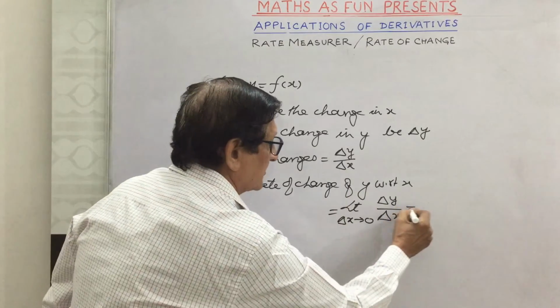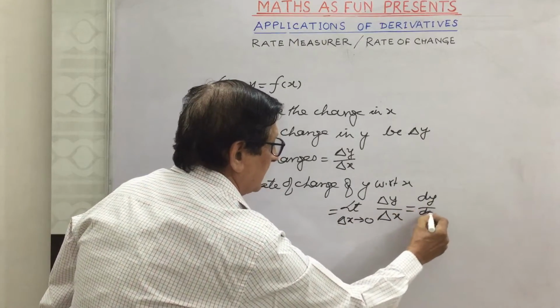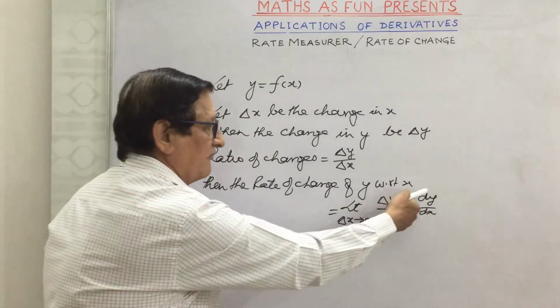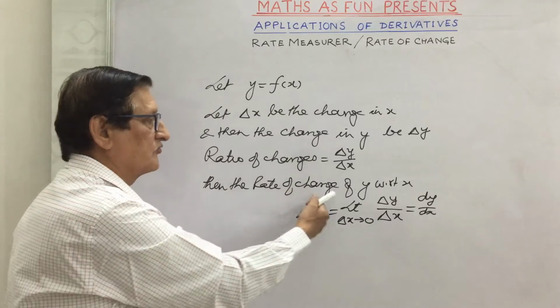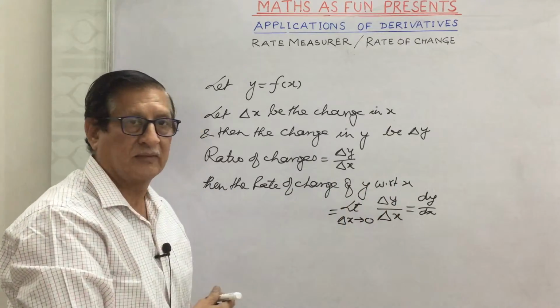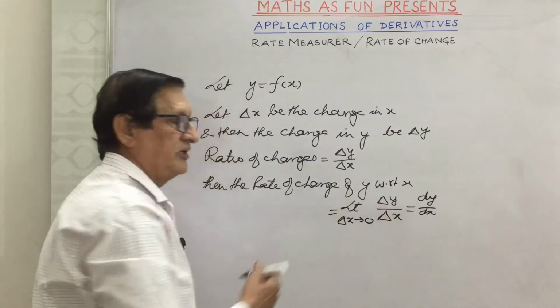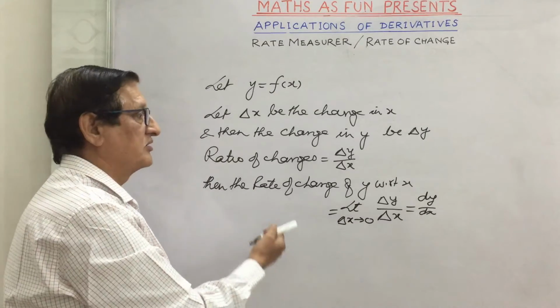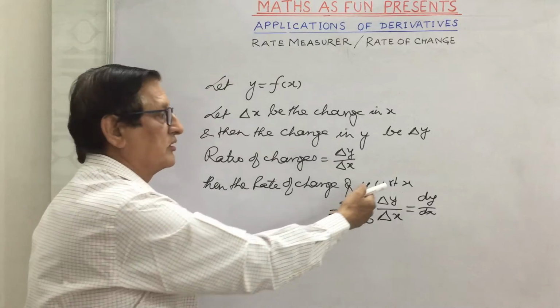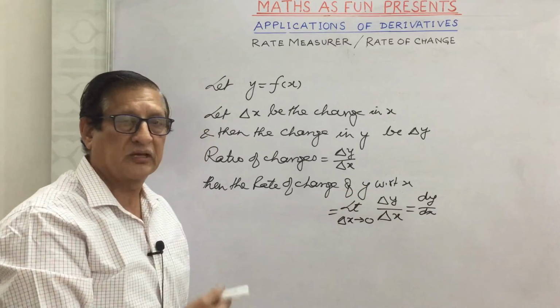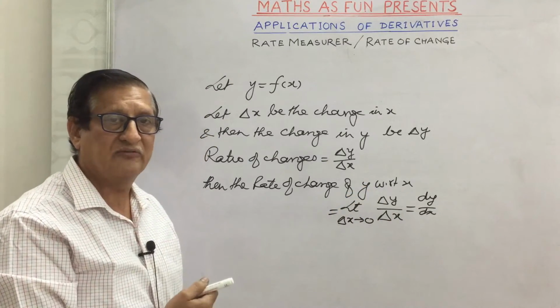And this we know is represented by dy by dx, which is the derivative of y with respect to x. It means we can find the rate of change of y with respect to x by dy by dx. This is the way we can understand that the rate of change of any quantity with any other quantity can be found out by using derivative.